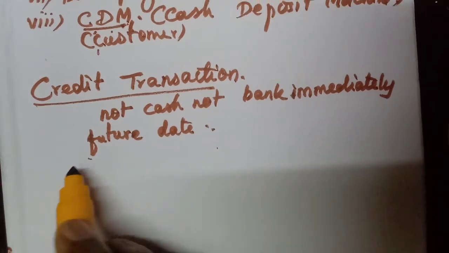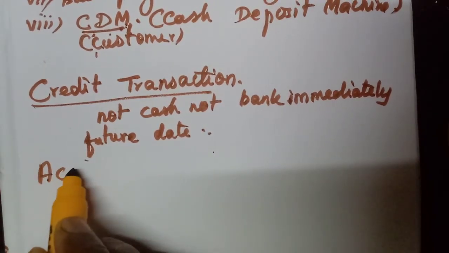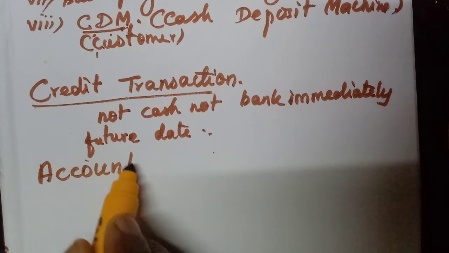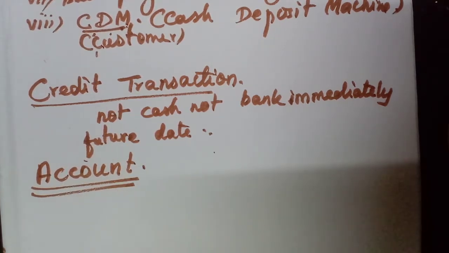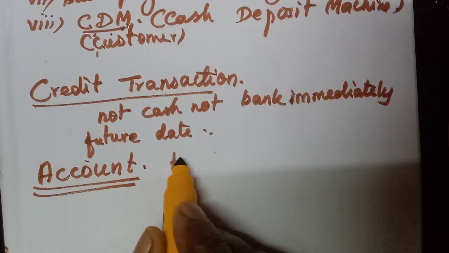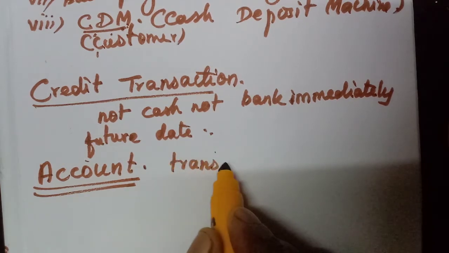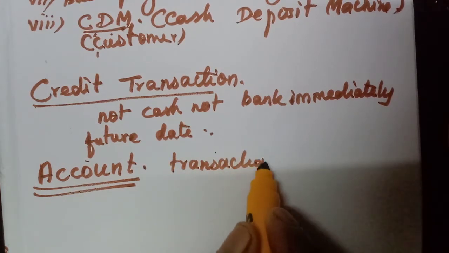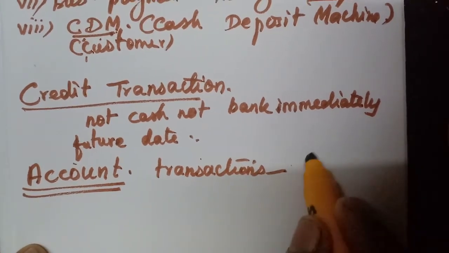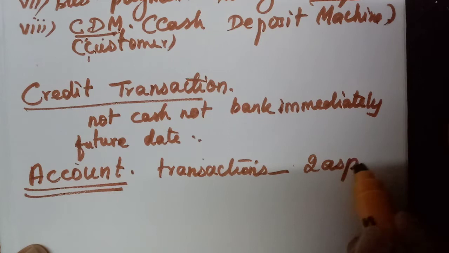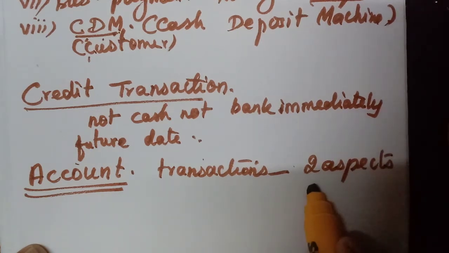Now we will go to the next heading, account. What is an account? We have learned each transaction has two aspects, isn't it? These two aspects are called two accounts.